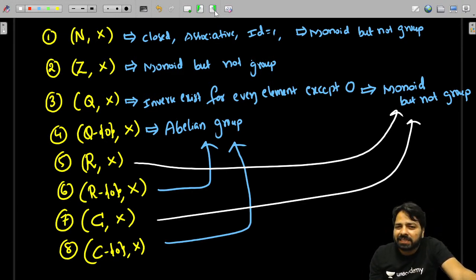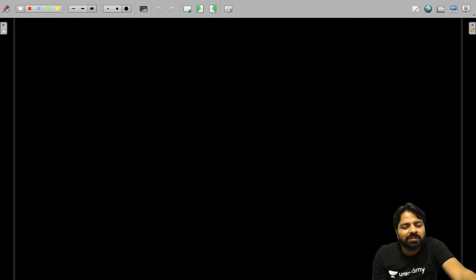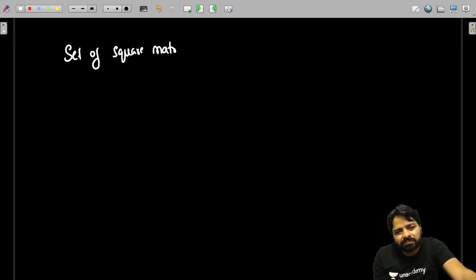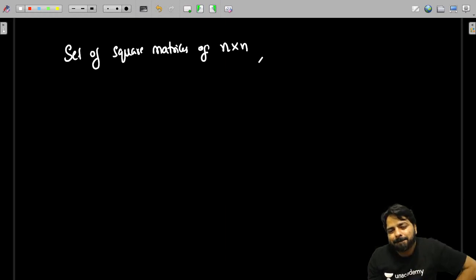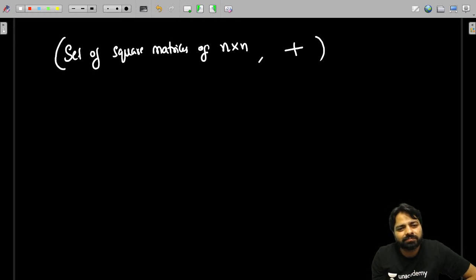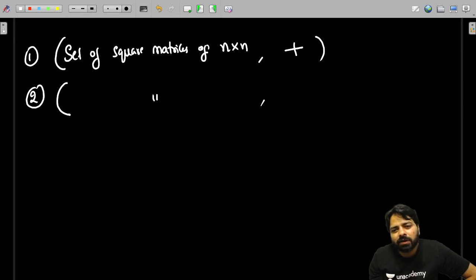Okay, next, you understood, right? Multiplication. Now we have so many interesting questions. Look at very interesting questions. Set of square matrices of order n cross n. You are applying with, let's say, addition. Second problem, take the same with multiplication.